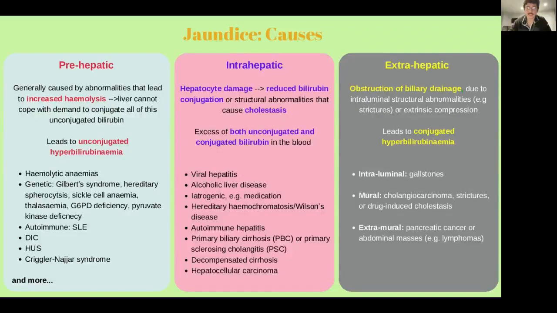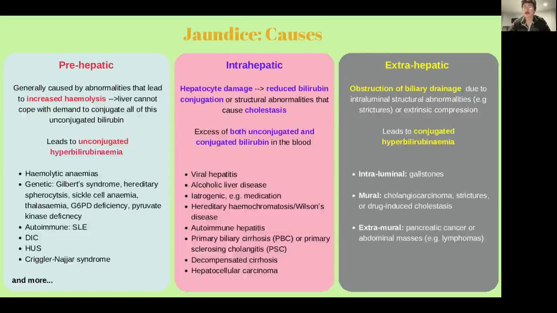And then extrahepatic obstruction of bile leads to conjugated hyperbilirubinemia. It can be due to intraluminal causes, like gallstones, as we've discussed, probably the most common cause. Mural, so within the wall itself, cholangiocarcinoma, strictures, or extramural, so pancreatic cancer pushing down on the bile duct, or sometimes inflamed lymph nodes.